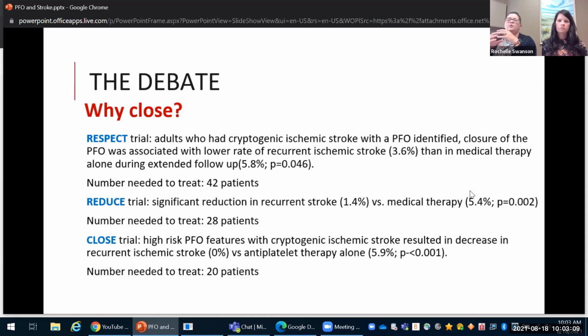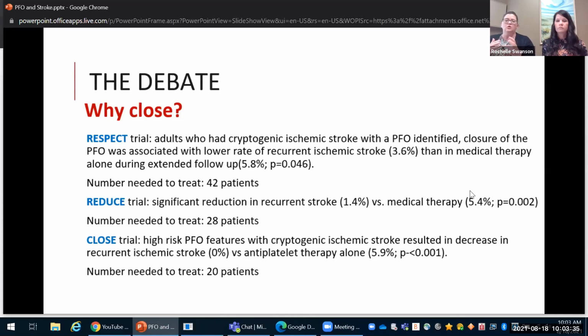Because this was a study to look at closure, they wanted to know how many patients we need to treat to prevent that secondary stroke. They determined that 42 patients needed to be closed to make that one patient not have that recurrent stroke, if that makes sense.